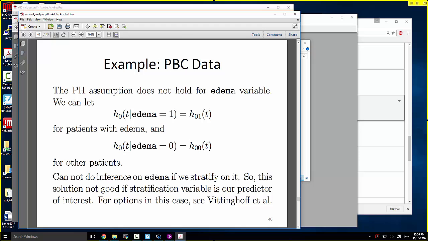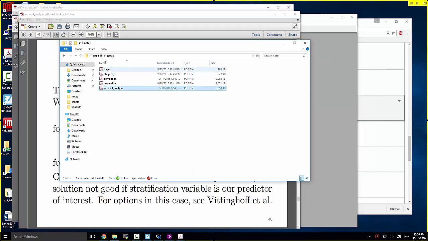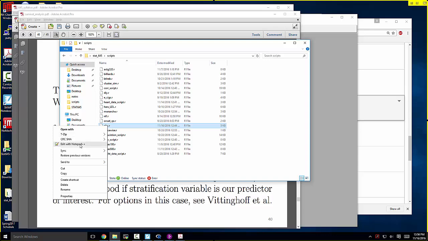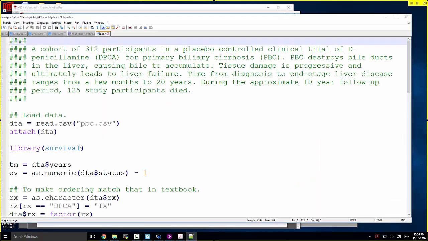The PBC data that I just downloaded shows us an example to play with this, and I'll show you that in a second. So with the PBC data, let's go ahead and get the script open, pbc.r.